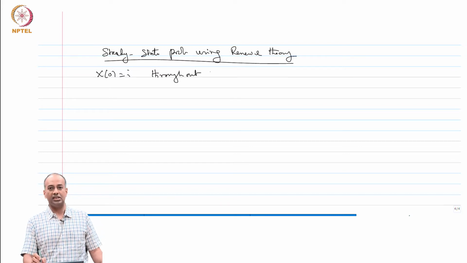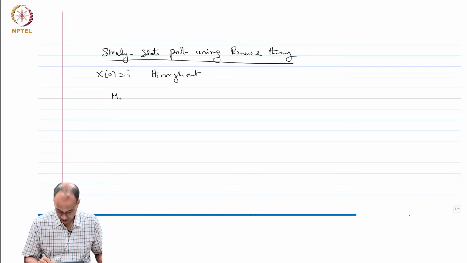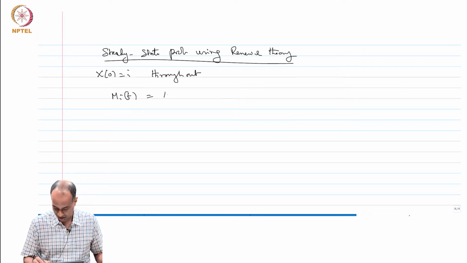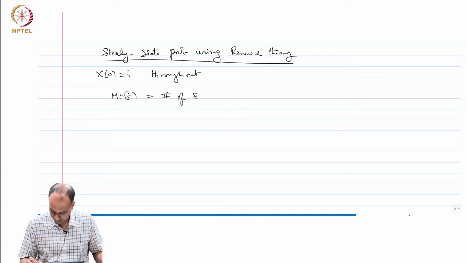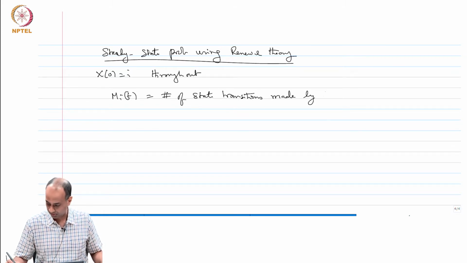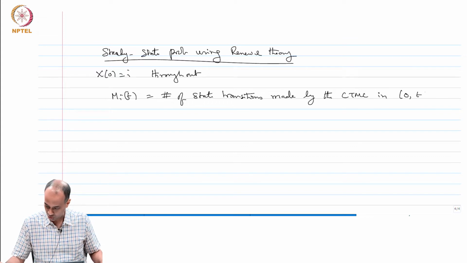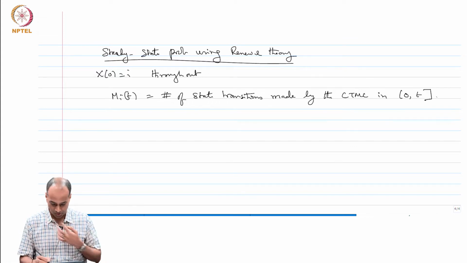So, at time 0 the CTMC starts at state i, and let Mi(t) be the number of state transitions made by the CTMC in the interval 0 to t.